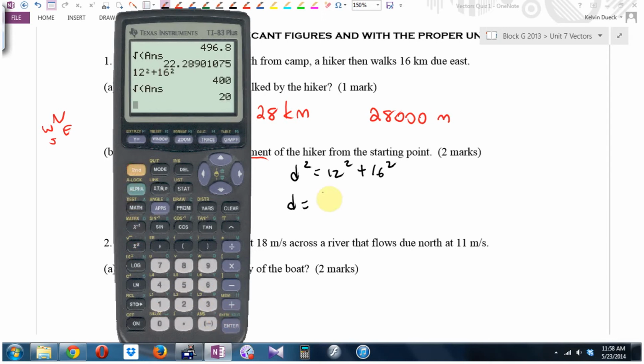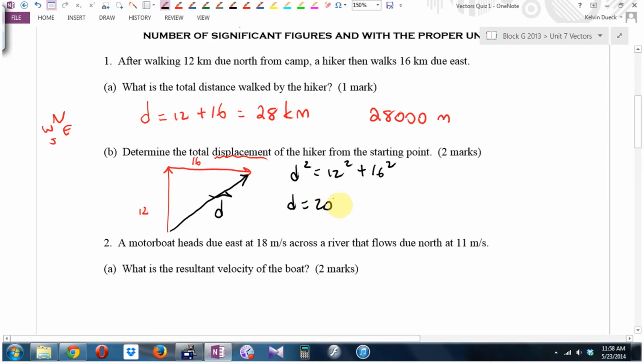Holy smokes. 20 kilometers, and then I need a direction. The direction is going to be where the vector started, which is right there. That's opposite, that's adjacent. Tan theta equals opposite over adjacent.